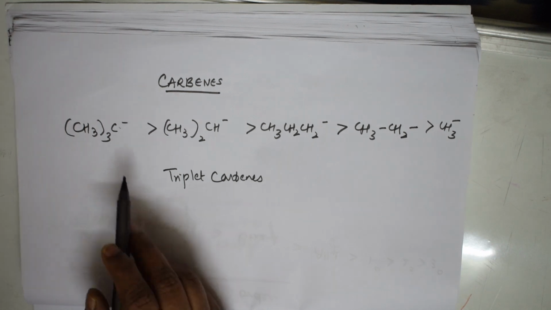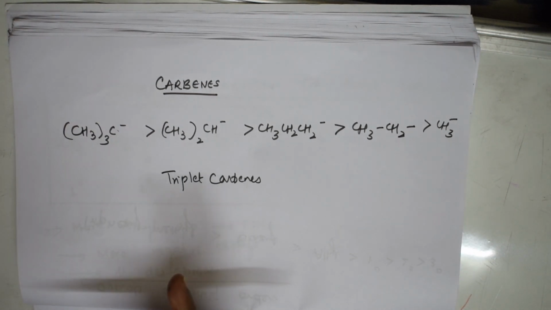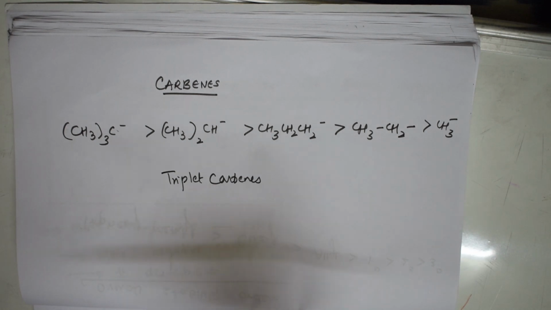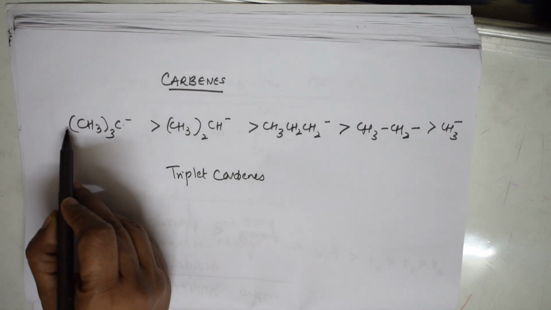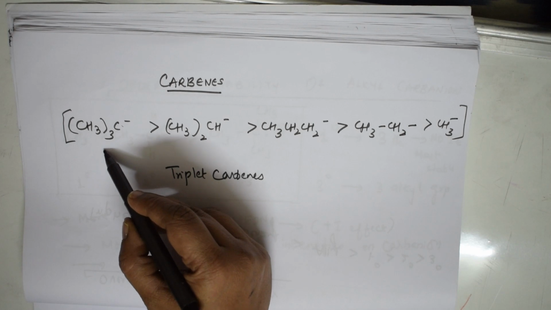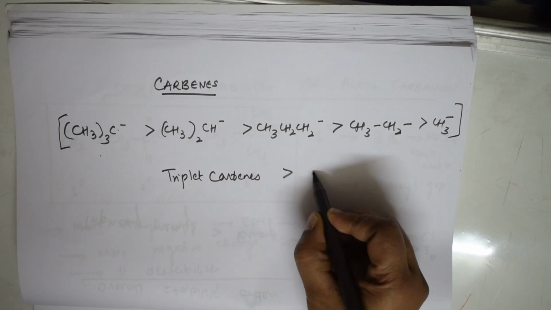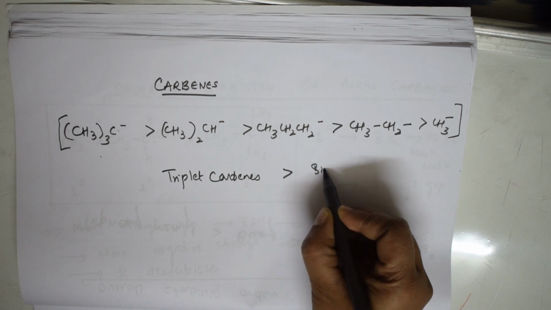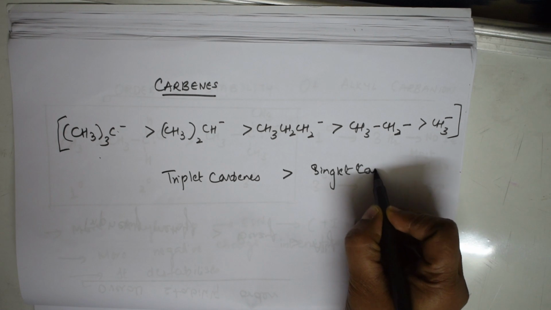Keep the minus aside, because carbene means you have a pair of electrons. Triplet carbenes are more stable than singlet carbenes.